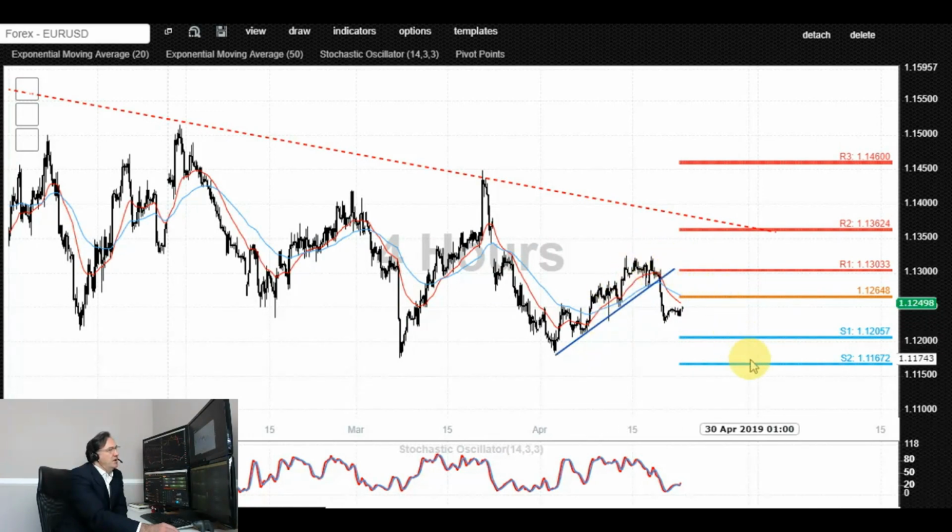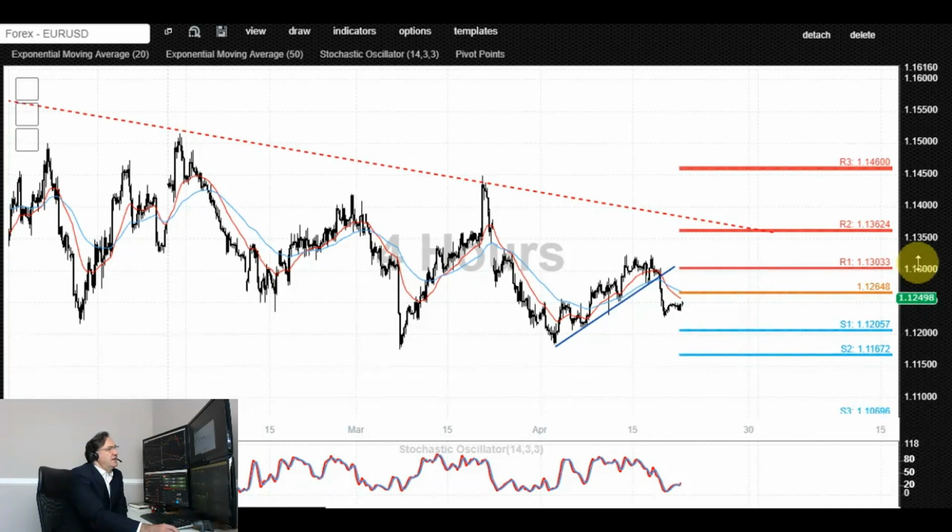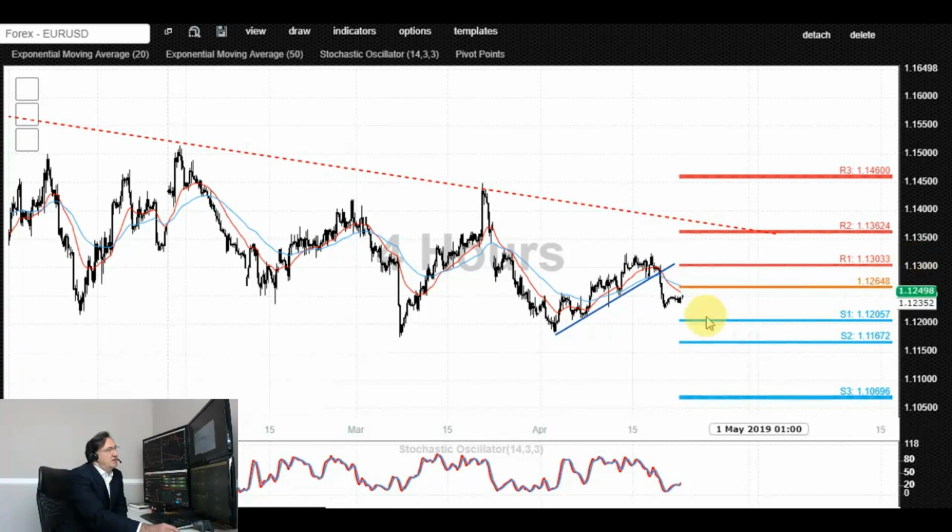Potentially opening up the way for a move lower and test of one spot 12, which is a nice and round number, also fairly close to cluster of these lows, followed by 111.67. Confirm loss of that level and end of day close could potentially open up the way for the retest of 111.1070.